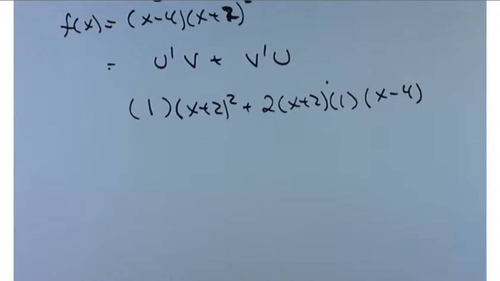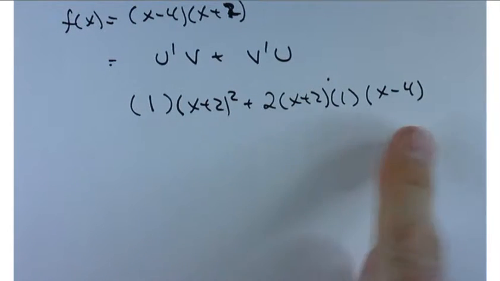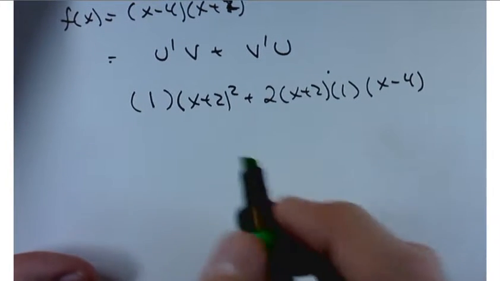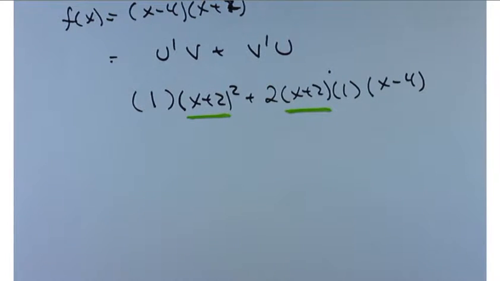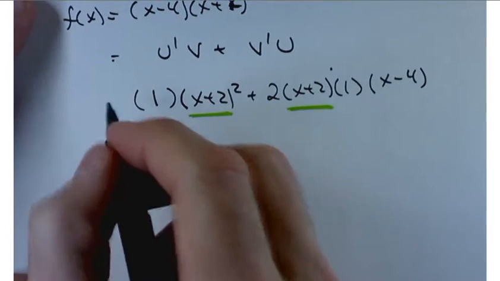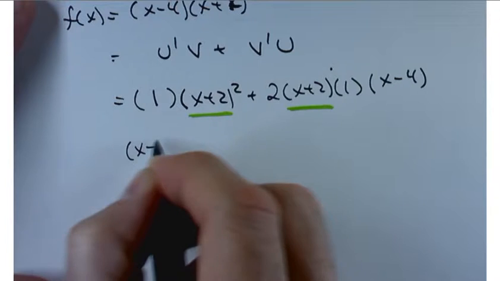As far as cleaning this up is concerned, I don't recommend squaring this, distributing, and then adding like terms. Is there something else I can do to clean this up? There's a GCF of x plus 2. So let's factor out that greatest common factor, x plus 2.